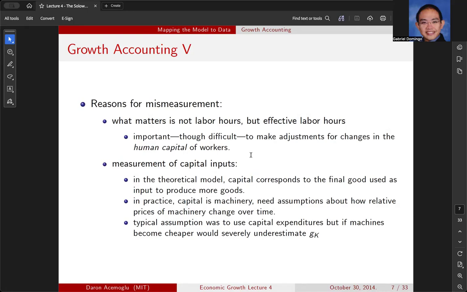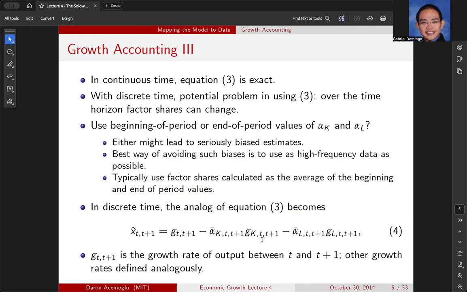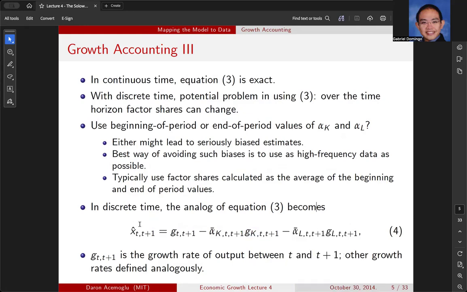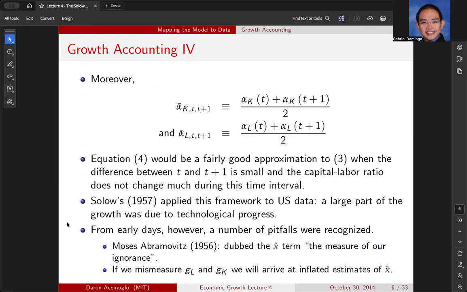And the idea here is just to go back to this equation. If you mismeasure this one and if you mismeasure this one, it will tend to increase this one, right? Your TFP growth. Because normally by mismeasuring we mean we will tend to have too high a measure of capital growth and too high a measure of labor growth. Okay.